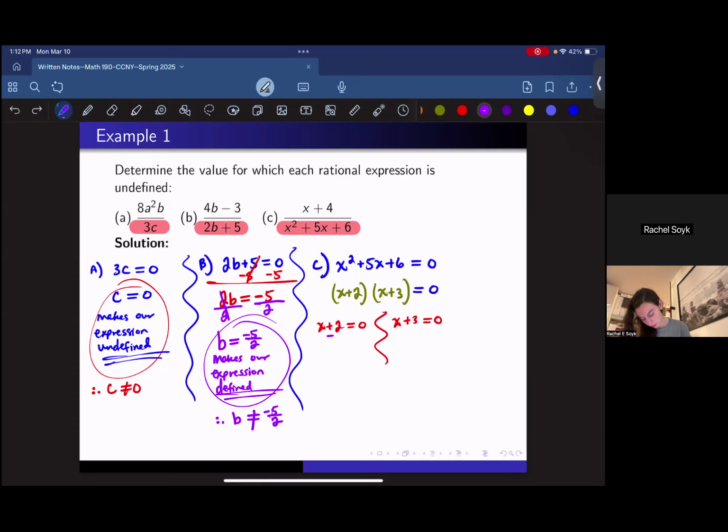Should be a -2, and this is a -3. And so our two restrictions here are x is equal to -2 and x is equal to -3. These two values make our expression undefined.